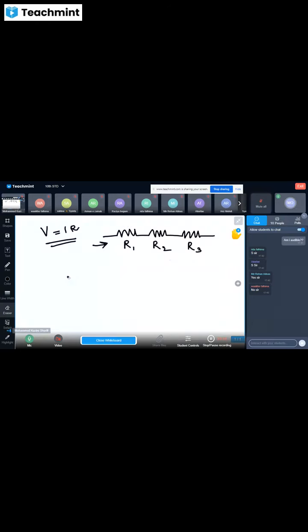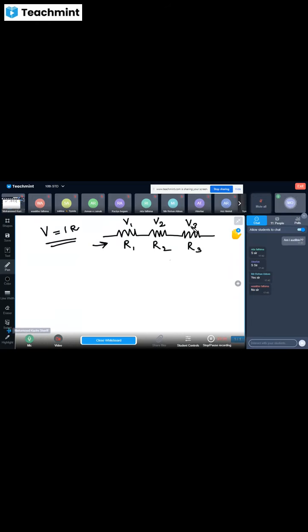Now that means the work done to move current across R1 will be different. Correct? The work done to move current across R2 will be different, and the work done to move current across R3 will also be different. Understood? The current remains the same.